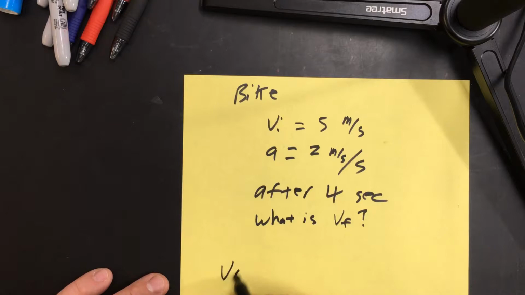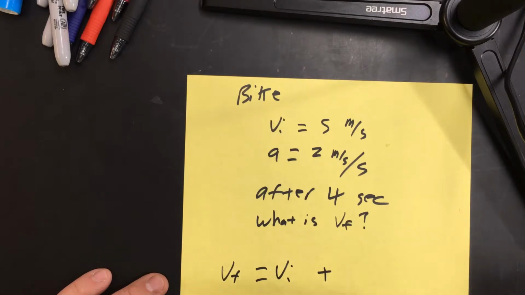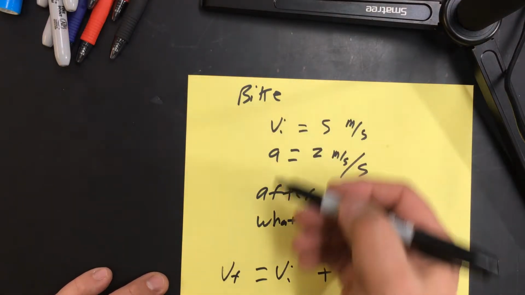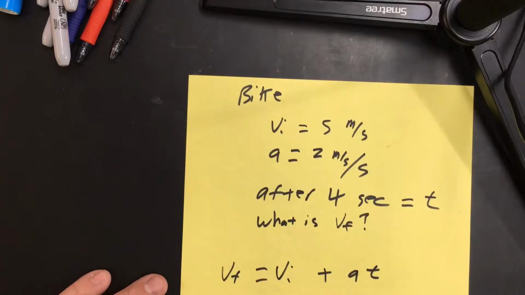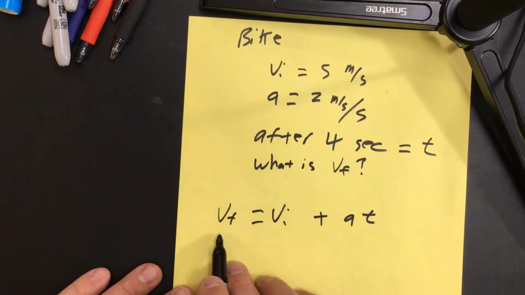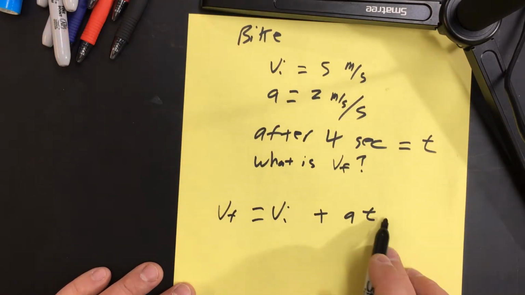So final velocity is equal to the initial velocity plus the rate that velocity changes, by definition acceleration, times time. And after 4 seconds is going to be our t. So v sub f equals v sub i plus at.